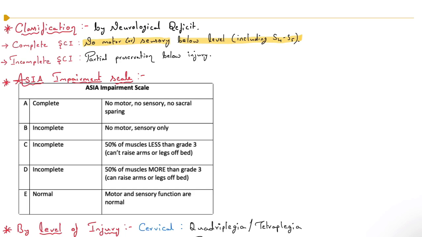That means no sensory or motor below the level of the injury. Next, incomplete spinal cord injury means there is partial preservation below the injury.